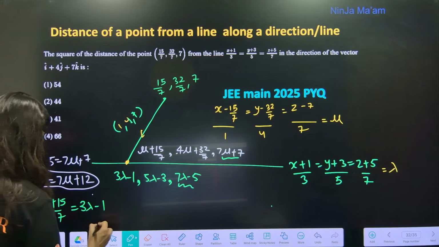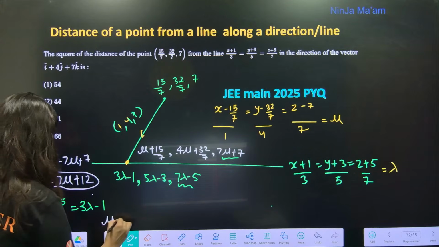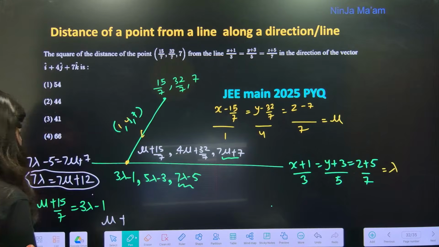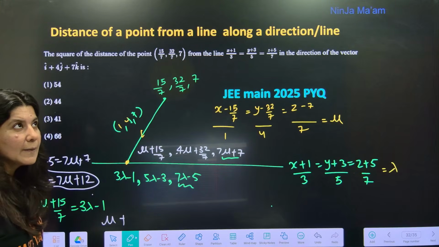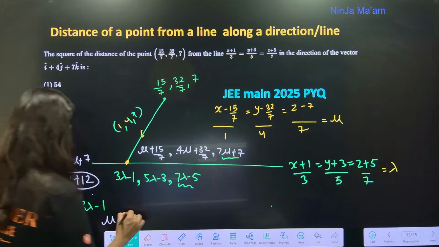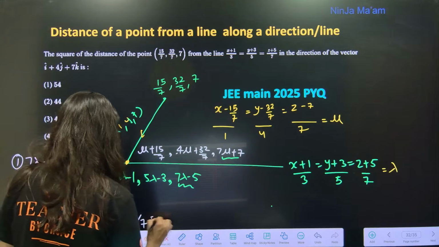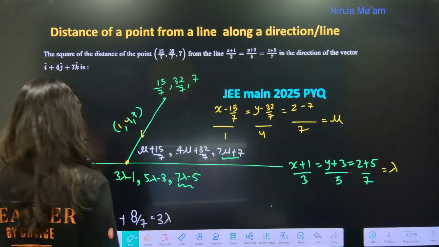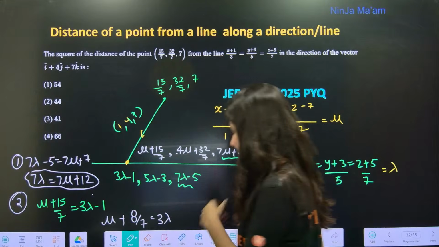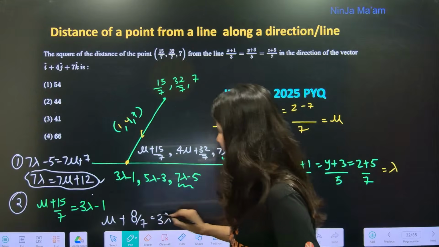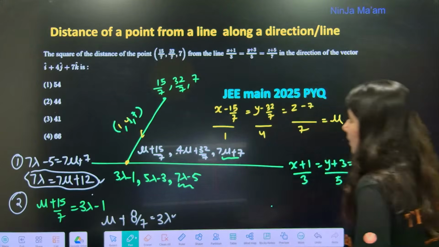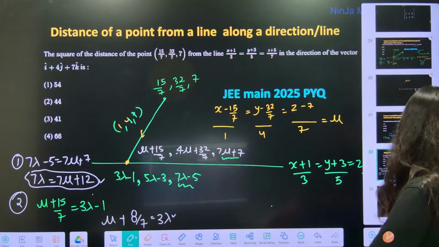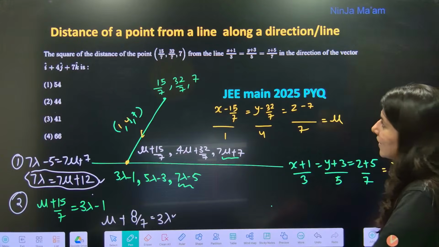So this will give you what? Mu plus 15 minus 7, 8 by 7. Mu plus 8 by 7 is equals to 3 lambda. Okay. So now just solve these two. Get the value of mu or lambda.